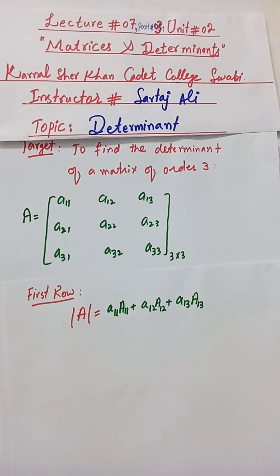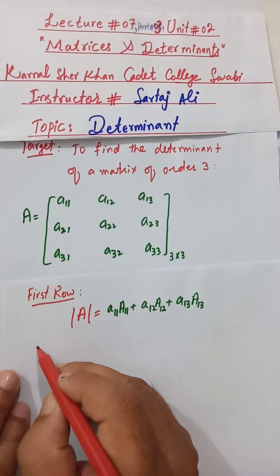Remember, if you find the determinant with any row or any column, you will always get the same answer, because the determinant is a function and it gives a unique number as output. That's why if you find the determinant with the help of any row or any column, you will get the same answer. This is with the first row.